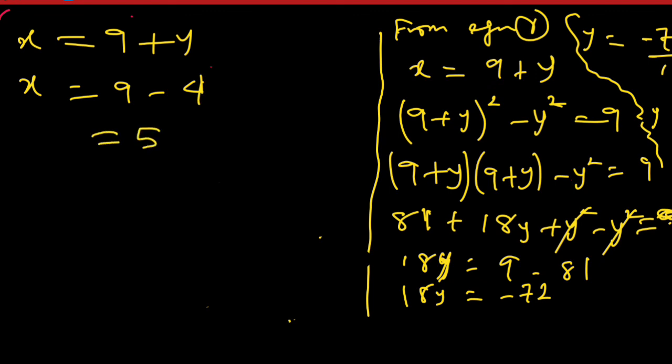So my value of x is equals to 5 and my y is equals to minus 4.